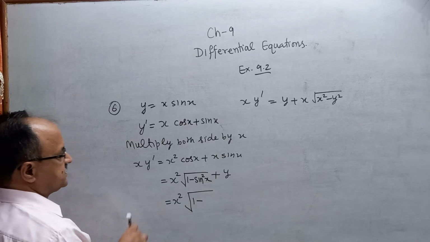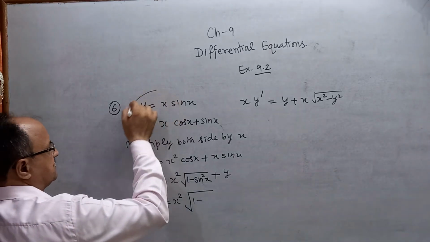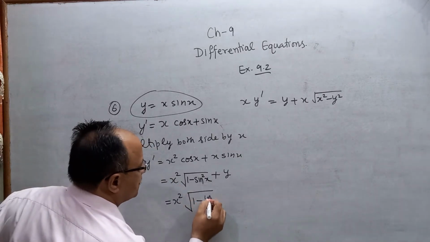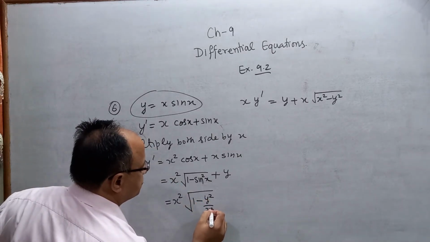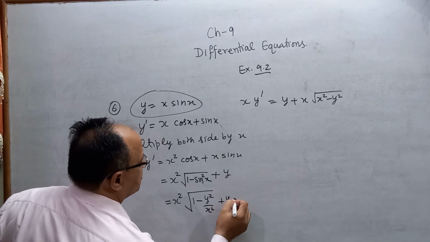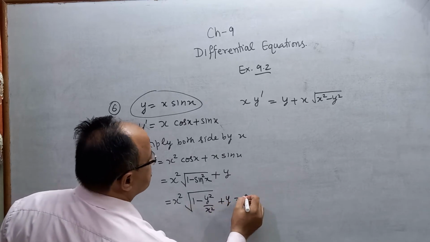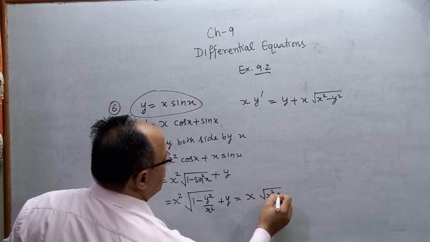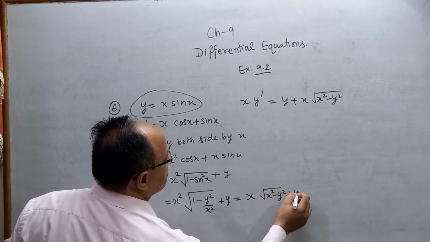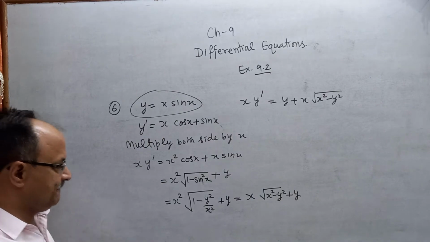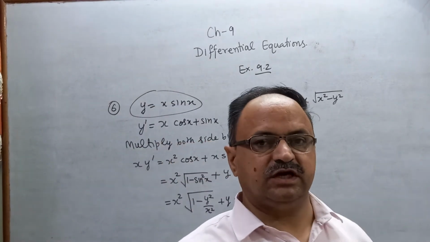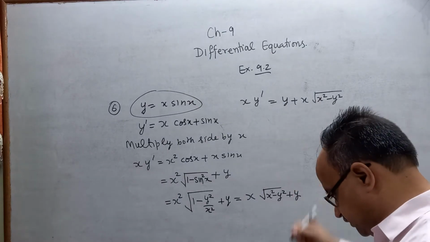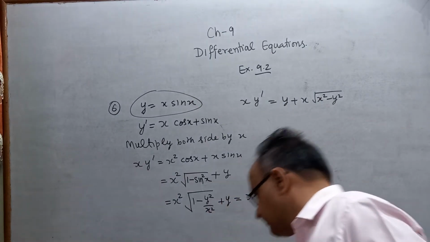What is the value of sin x from here? y by x. Plus y. When you simplify this, it becomes x root x square minus y square plus y. Okay? Hence proved. It means you can say this is the solution of the differential equation. Clear?